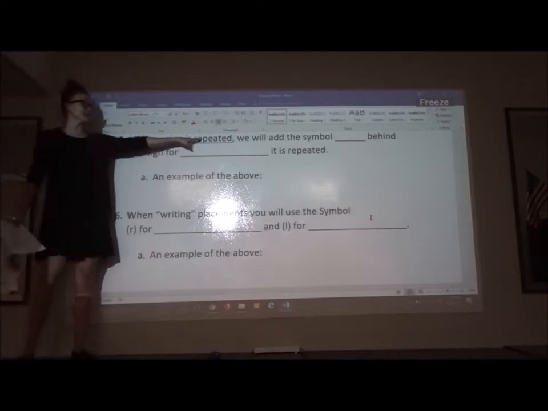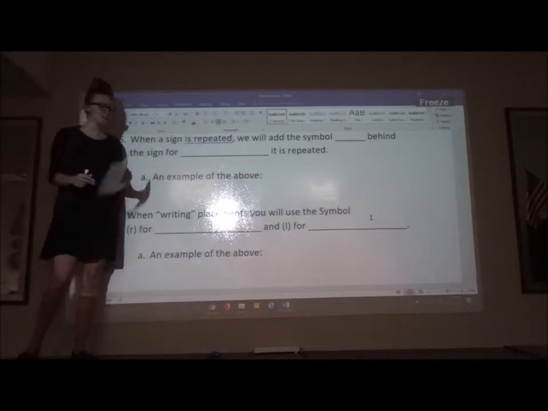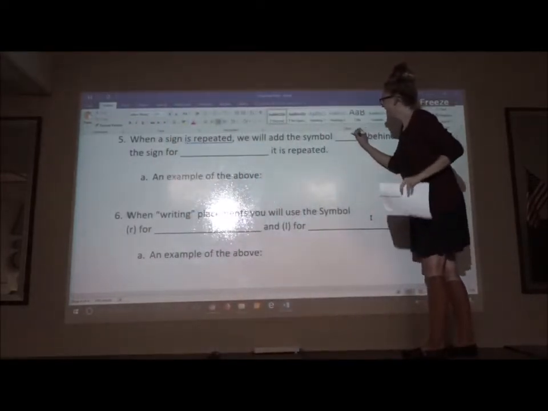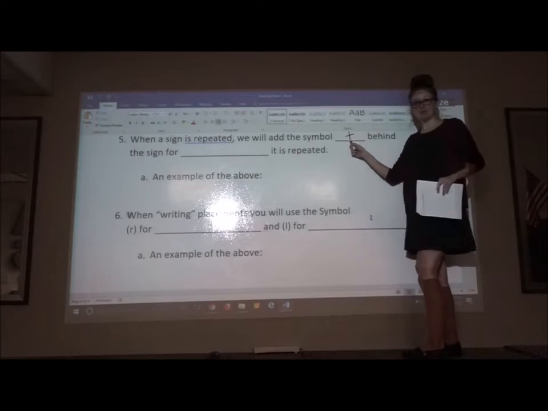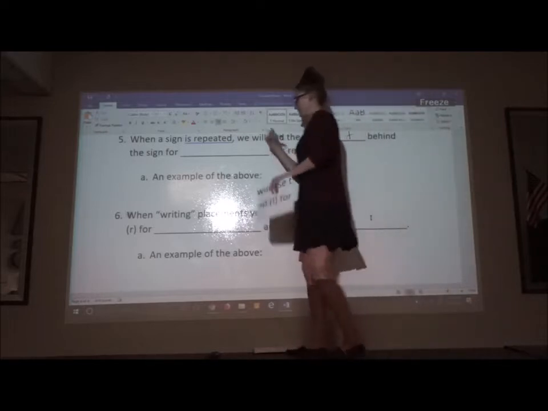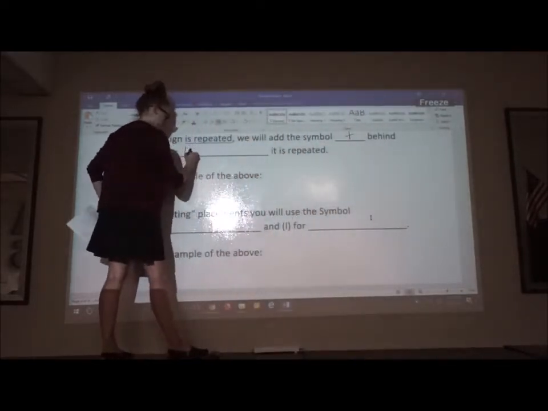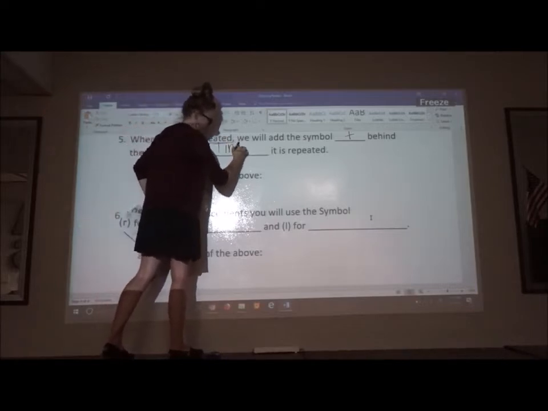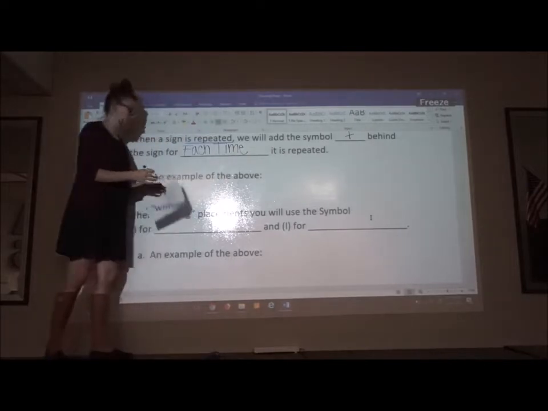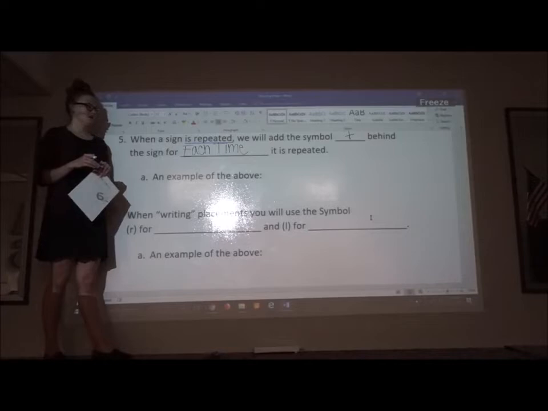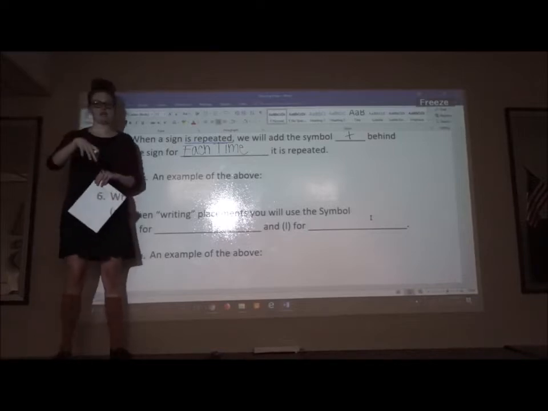Moving on. Alright, so now the last 2 rules. When a sign is repeated, we will add the plus symbol behind the sign for each time it is repeated. Alright, so for example, sign that again.